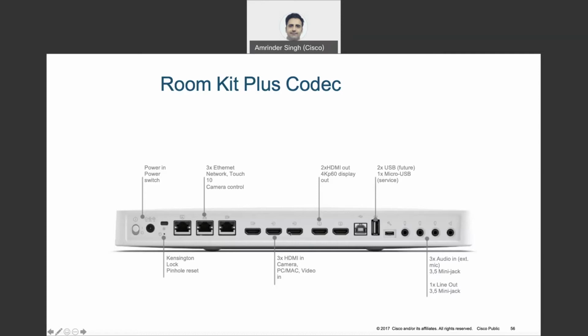You can have your laptop or anything plugged into any of these ports also. Then we have two ports for the output. These support 4K resolution video out on screens. On calls, we still support 1080p. Some codecs do support 4K content sharing. Then we have USB, which is for future use as of now. We have 3 ports for microphones and 1 port for loudspeaker.